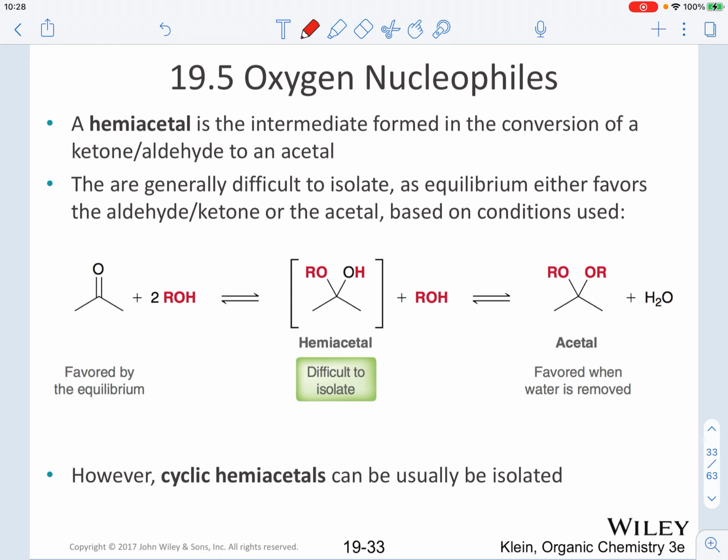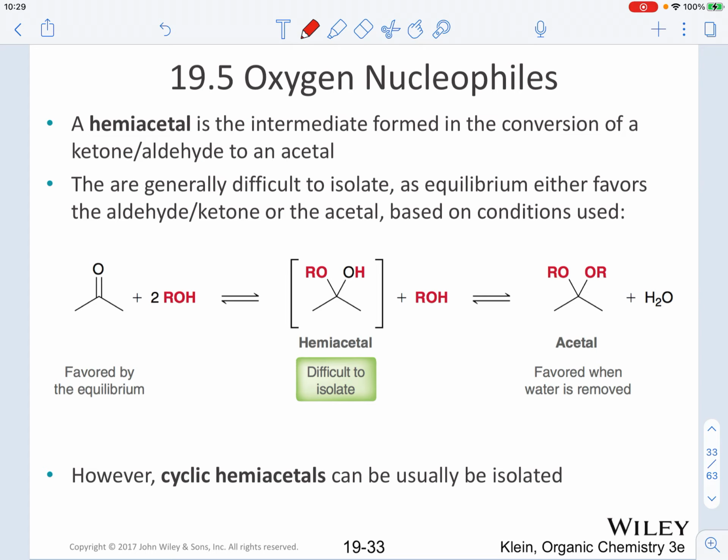Now, understand that we mentioned during the discussion of the mechanism that a hemiacetal is one of those intermediates made during the formation of the acetal. A hemiacetal, in general, even though it is formed during the process of making an acetal, is difficult to isolate, because in the whole process the equilibrium is going to favor either the initial aldehyde or ketone or the acetal, depending on the conditions.